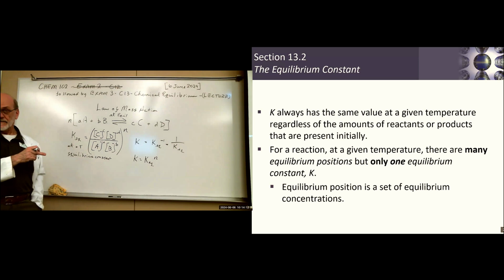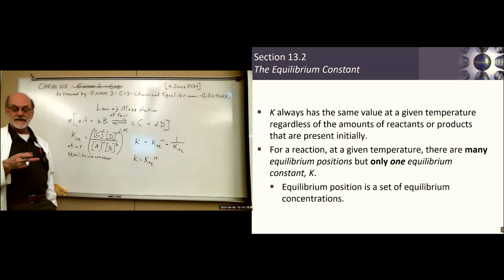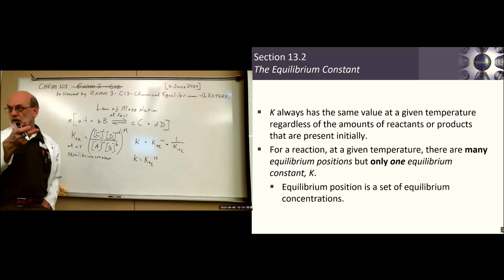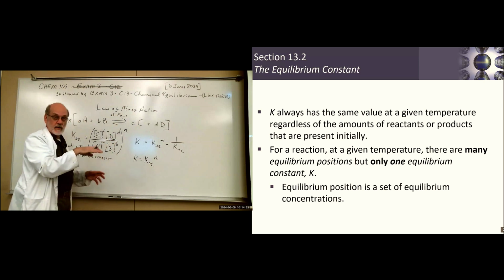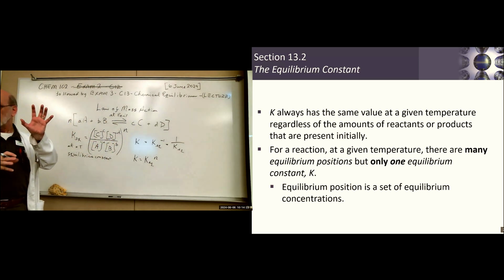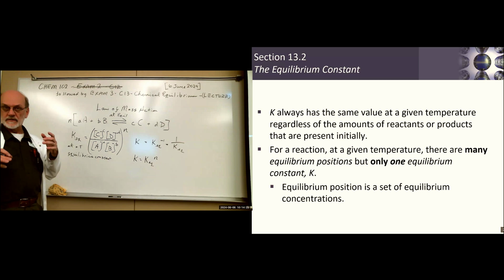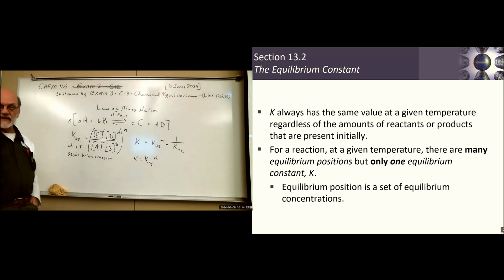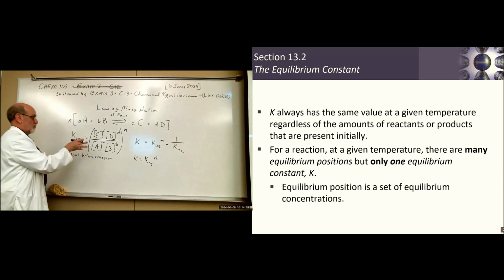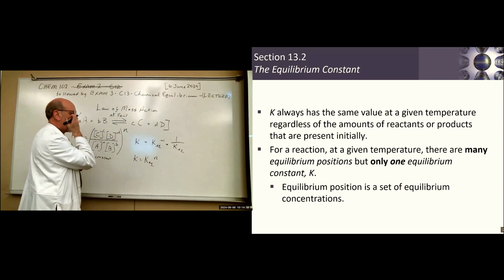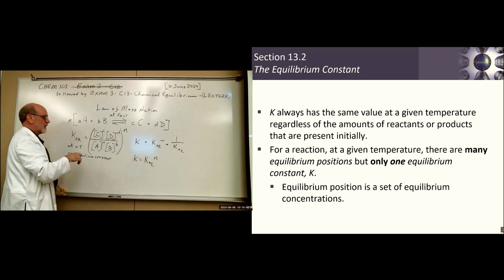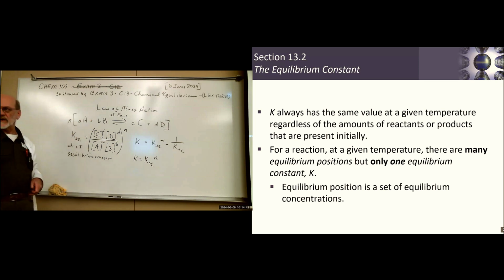value. Okay? But if we do like we did on a couple of slides before, where we add something here or we add something there, and we cause the reaction to shift to a new equilibrium position, the equilibrium position can vary depending on whether you start with some here, or start with some there, or start with both of them, or you're at equilibrium and you mess with it.